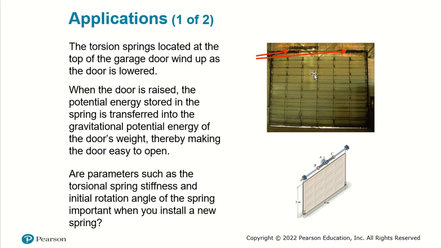So first, kinetic energy, motion, and then when it goes up, it's going to stop right there, gaining a height. So you have your potential energy, and that potential energy is your door's weight. So that makes the door really easy to open. Why? Because you're changing the kinetic energy and the potential energy to keep that door right up there.